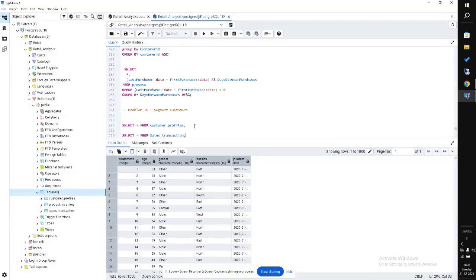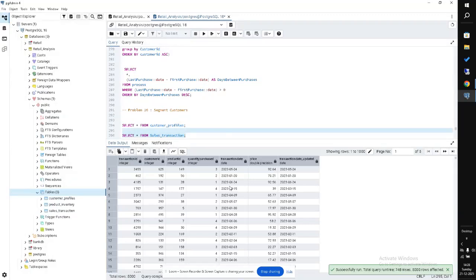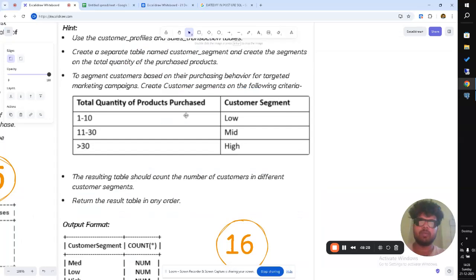The question is saying we need to segment the customers, so we require customer ID. Then we aggregate the quantities, how much quantity each customer purchased, and then we will label them on the basis of this requirement.